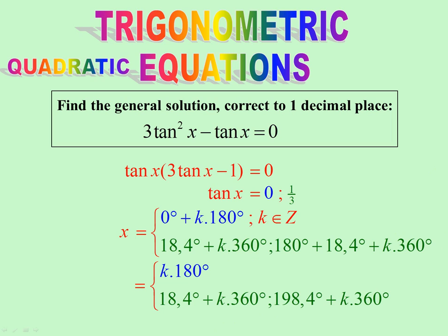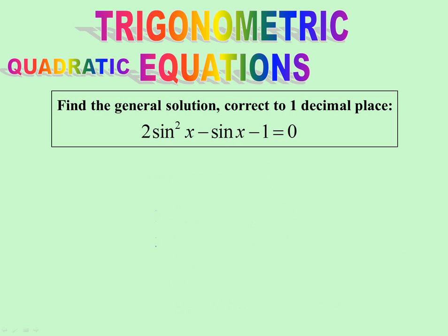Of course, remember I said we can use just 180. Notice, there we are. 18,4 plus K360, 198,4 plus K360. But if you add 180 onto that, you get that. So therefore we just have the plus K180, and that's fine. There's our solution.